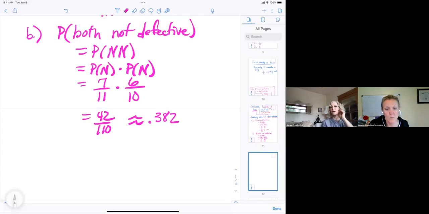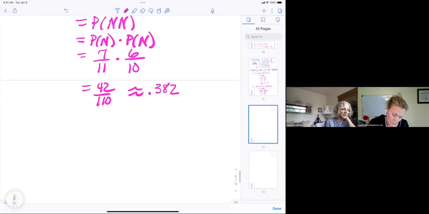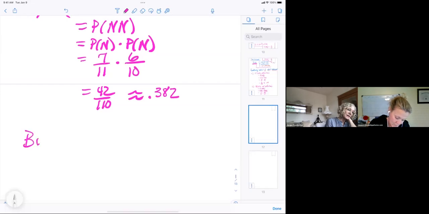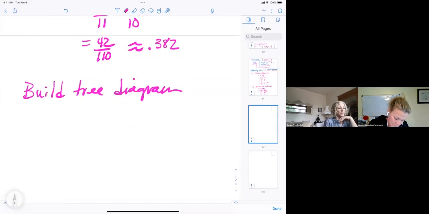Okay, so before we go on to part C, let's build a tree diagram. My tree diagram is only going to have 2 layers because I am only drawing 2 parts.